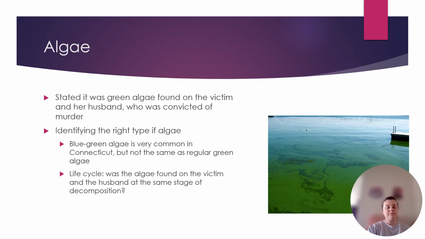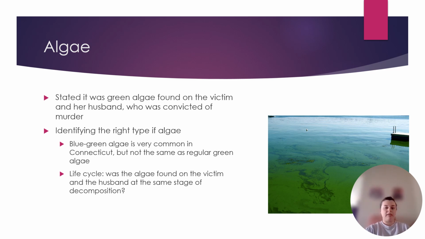Okay, so for algae, the case stated that it was green algae found on the victim and her husband, who was convicted of murder. So identifying the right type of algae is important. Blue green algae is very common in Connecticut, but not the same as regular green algae.